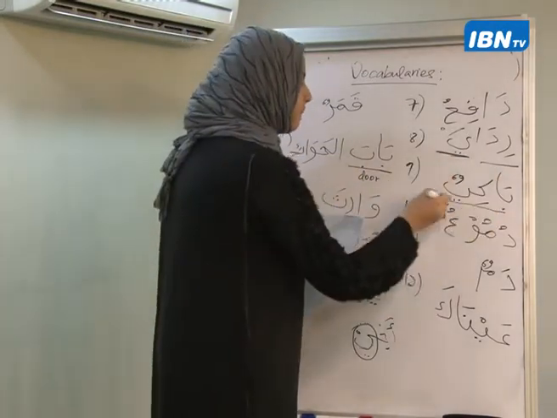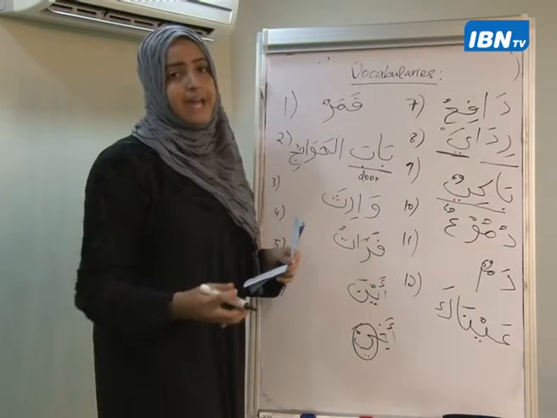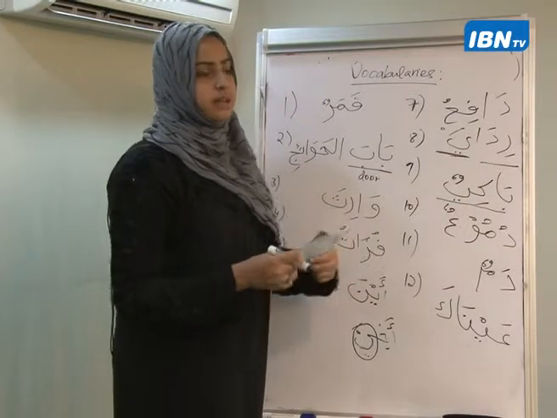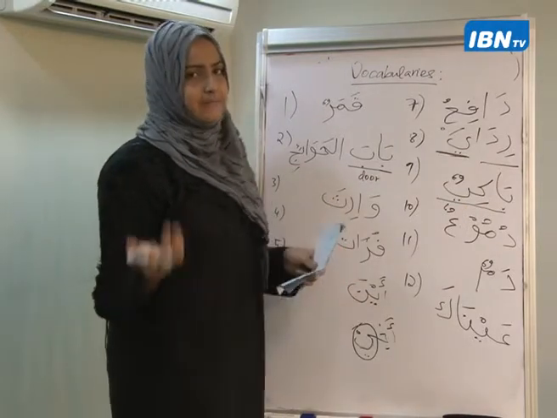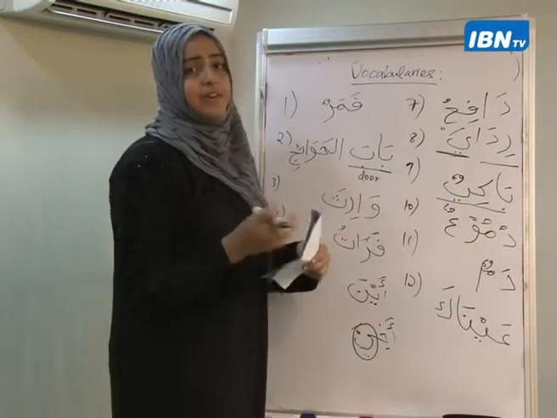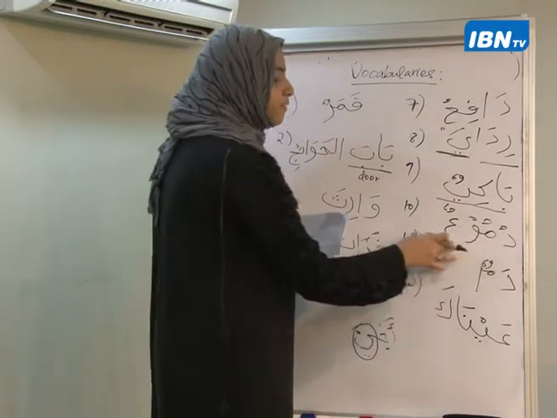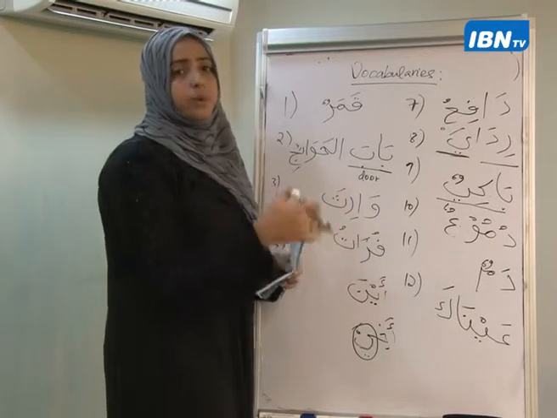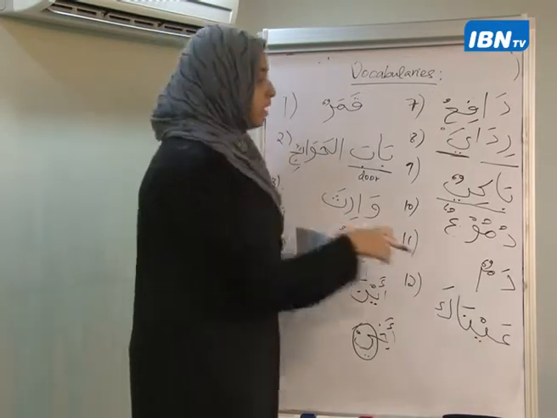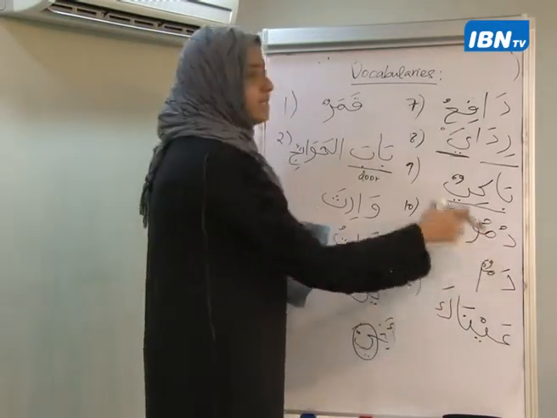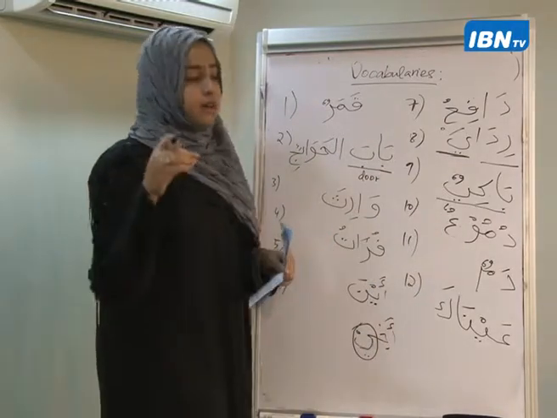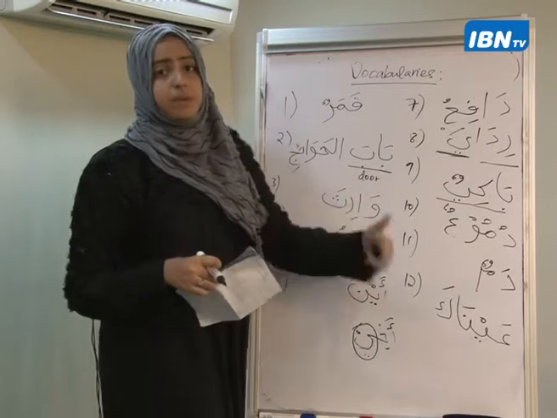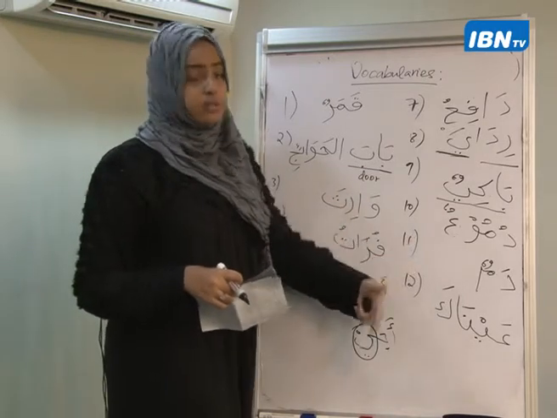Then we have bakiyun, meaning crying. Of course, we also have the tense baka, he cried. Bakiyun is crying. Then we have dumur. Dumur is actually a plural, and it comes under one of the 15 categories of the jam'ul mukassir, the broken plurals, which we'll be looking at.